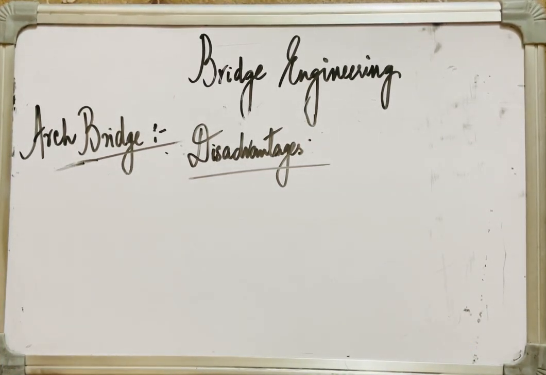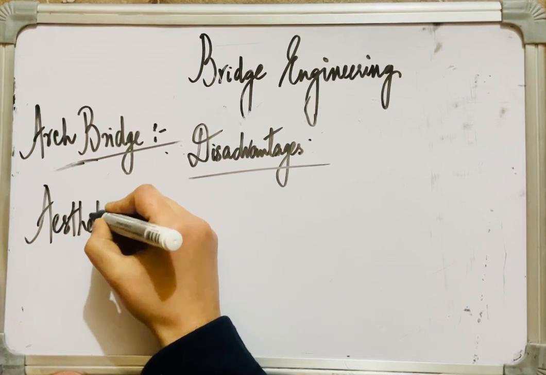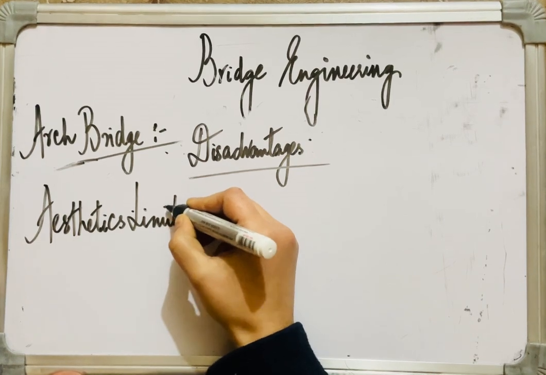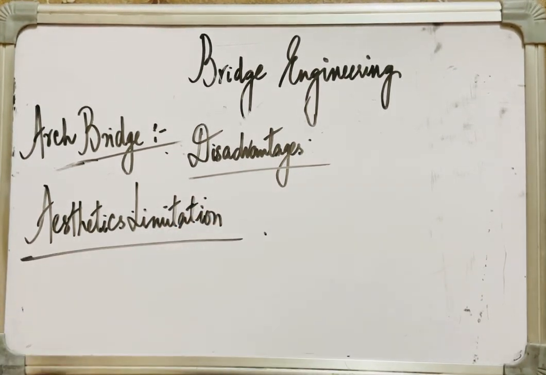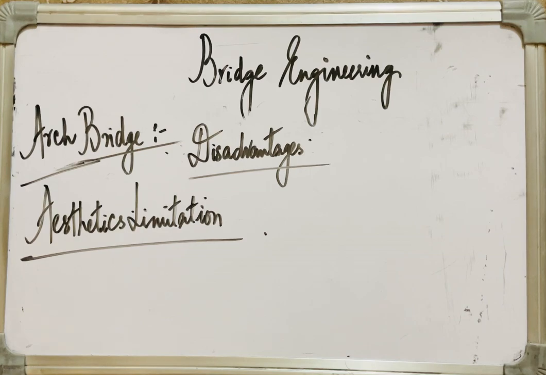The last one is aesthetic limitation. Though they have quite good aesthetics, in certain cases these aesthetics can be a limitation. This is the last disadvantage that we are going to study today about these arch bridges, that is the aesthetic limitation.